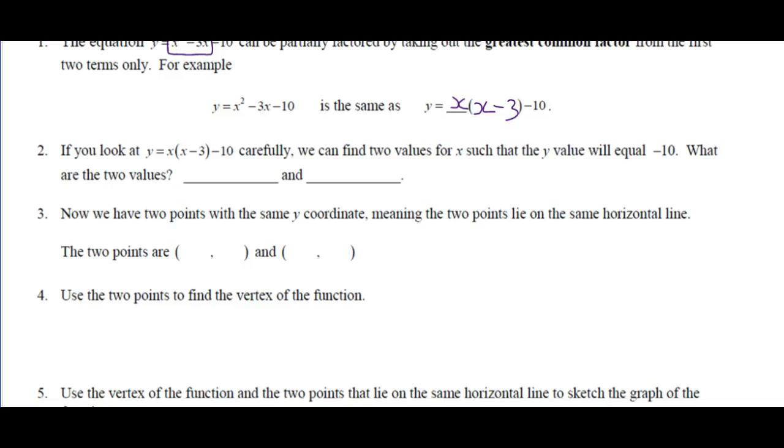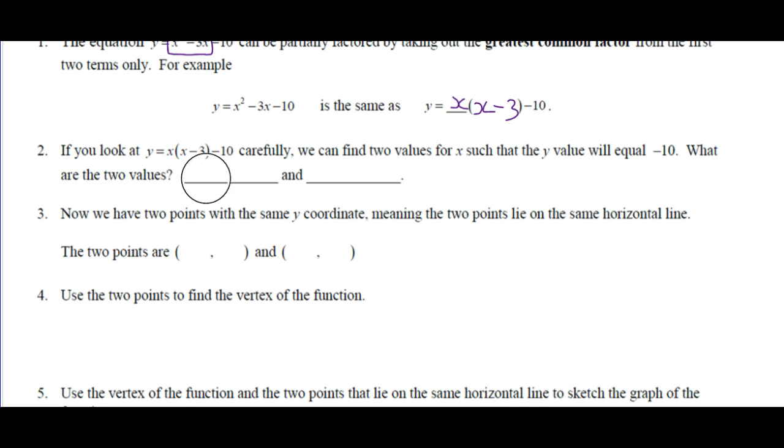Okay, if you look at x, bracket x minus 3, minus 10 carefully, we can find two values for x such that the y value will be equal to negative 10. What are the two values? What can I put in for x here so that this expression will read y equals negative 10? What can I put in for x that gets rid of this? 0, right?